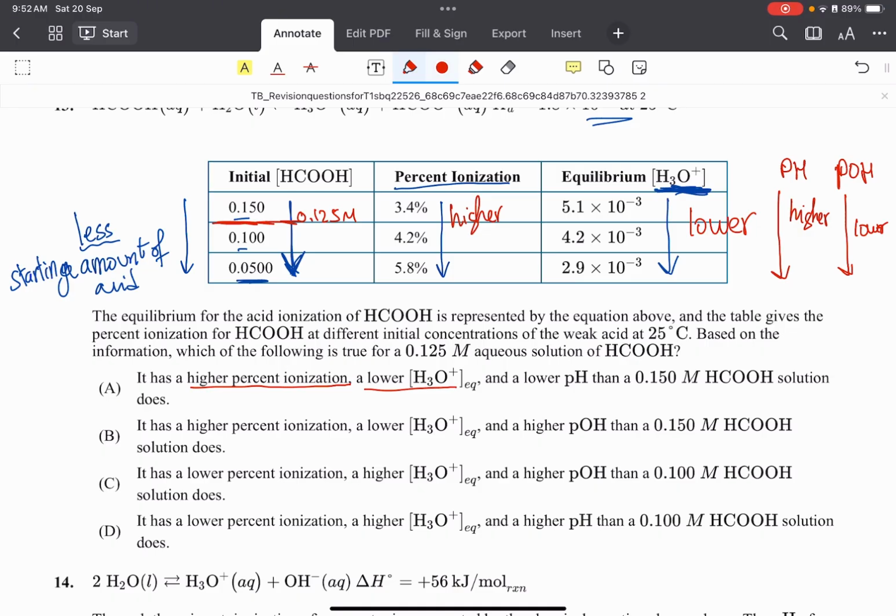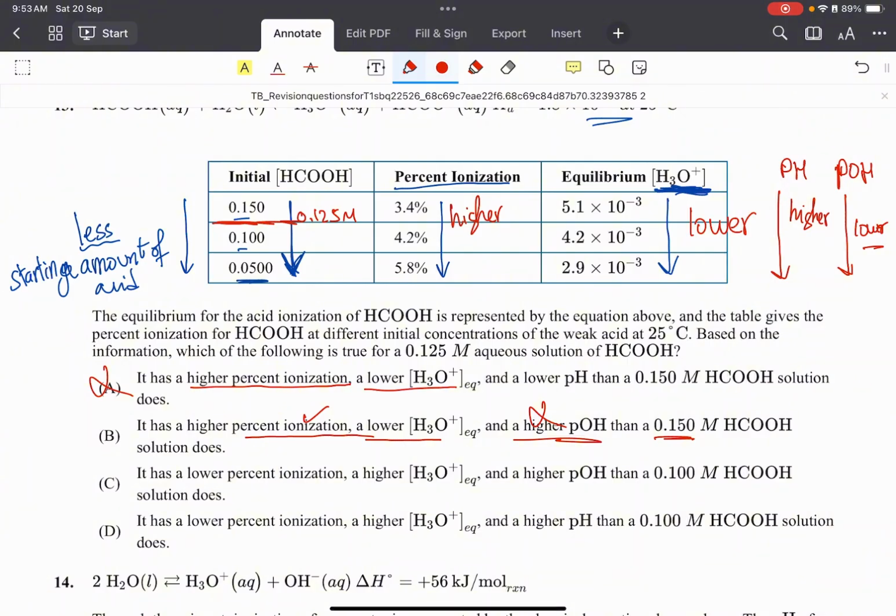Okay, and here lower concentration. So this one is wrong. It has a higher percent ionization, okay, a lower H3O+. It has a higher percent ionization, okay. It has a lower H3O+, and a higher pOH. No, that's wrong.